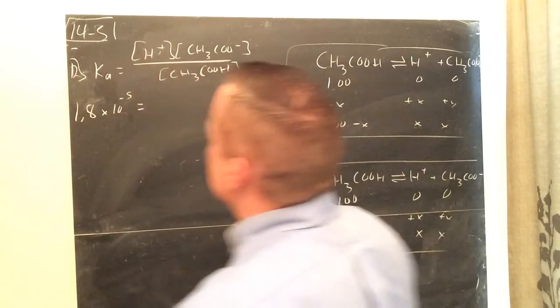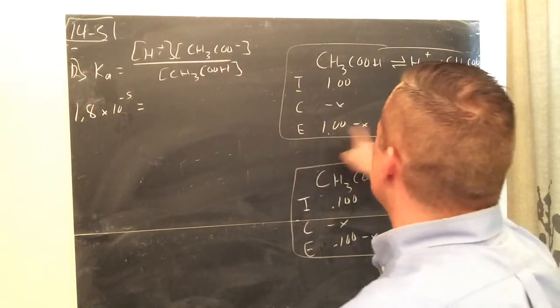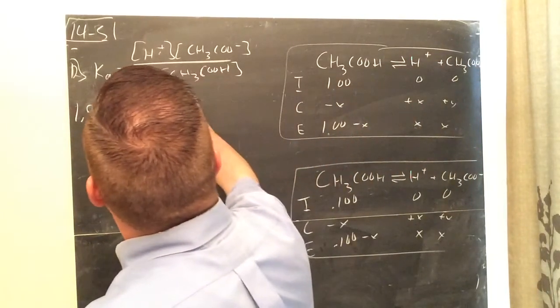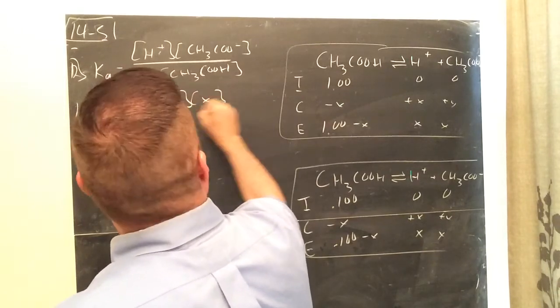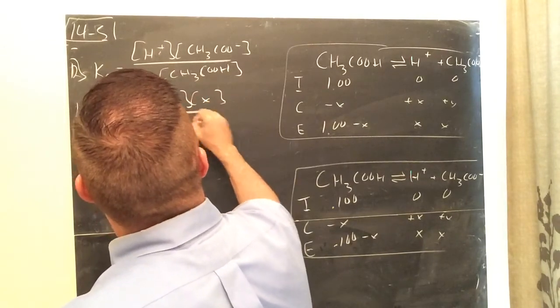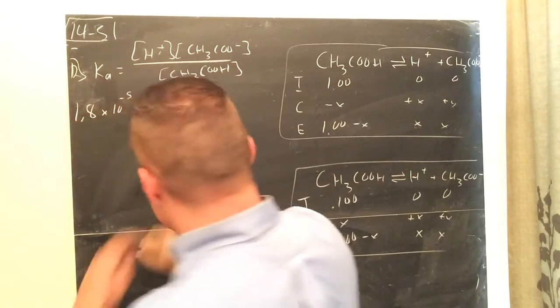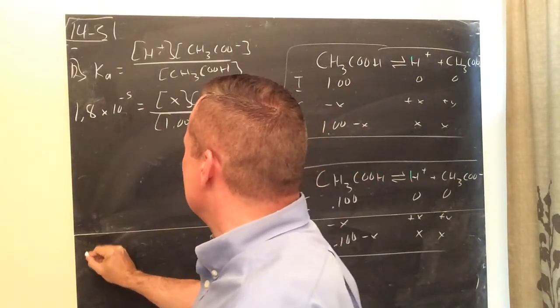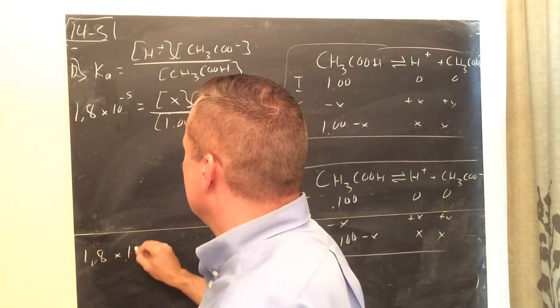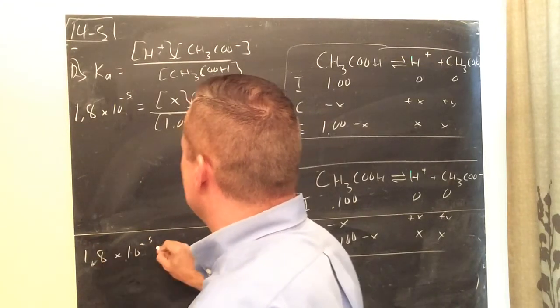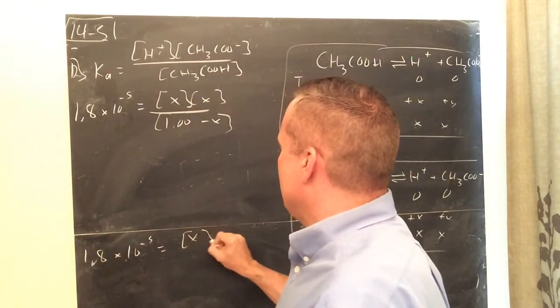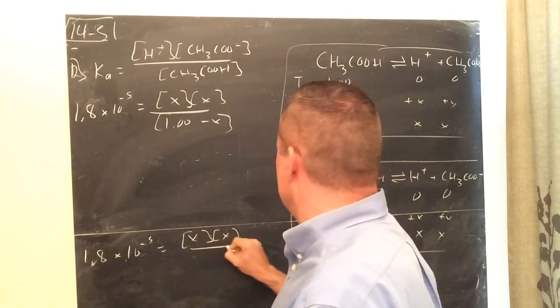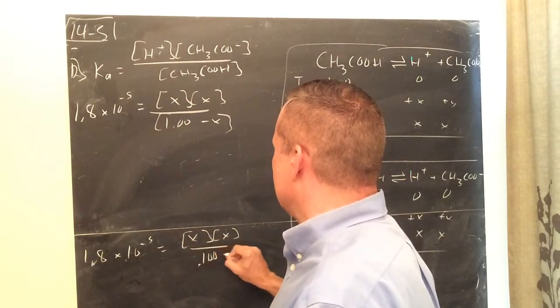So what will be the percent dissociation? So at equilibrium, it's x and x over 1 minus x. Well, for this problem, I don't know if it fits down this low. 1.8 times 10 to the negative 5 equals x times x over 0.1 minus x.